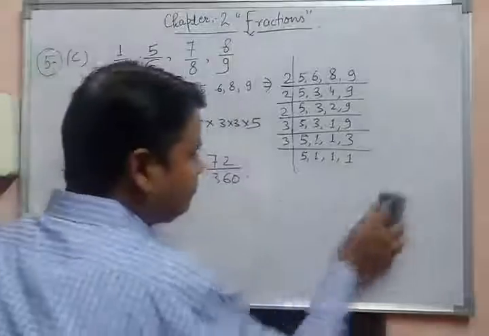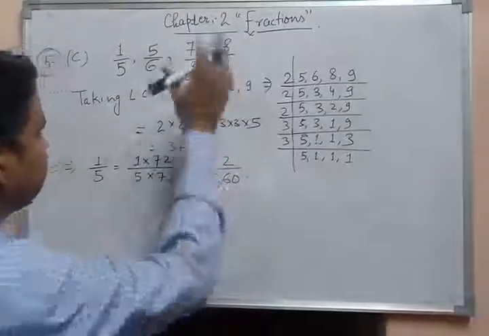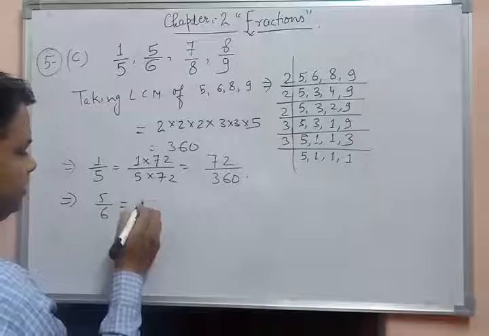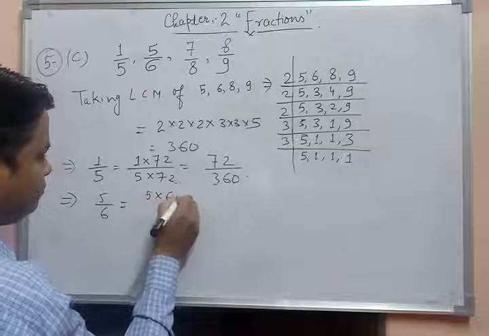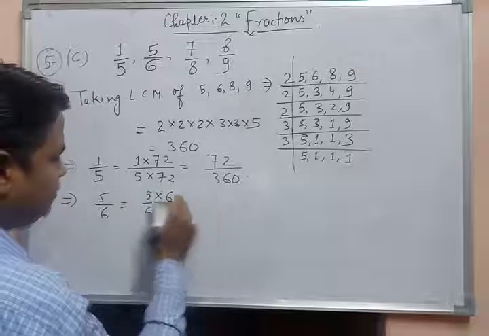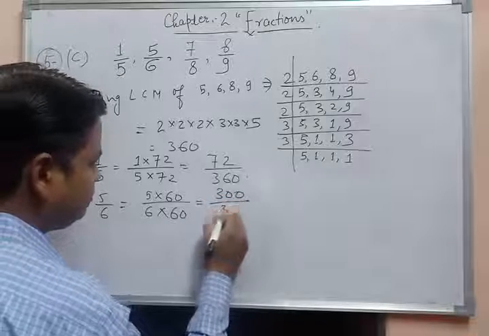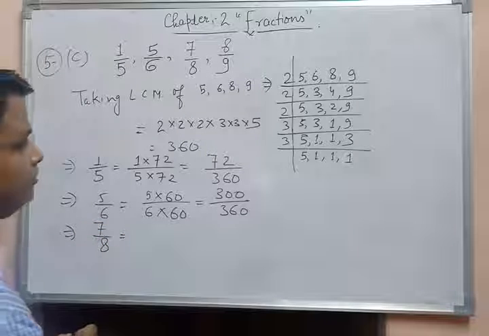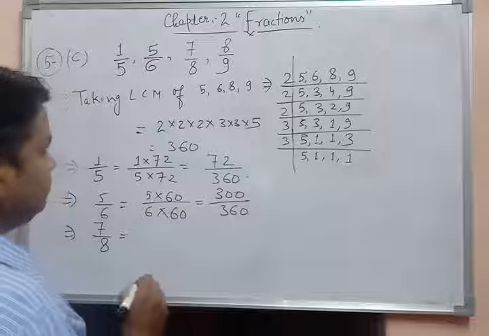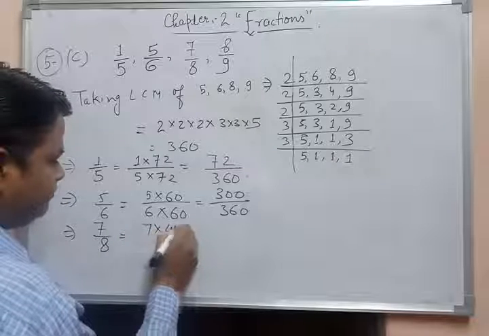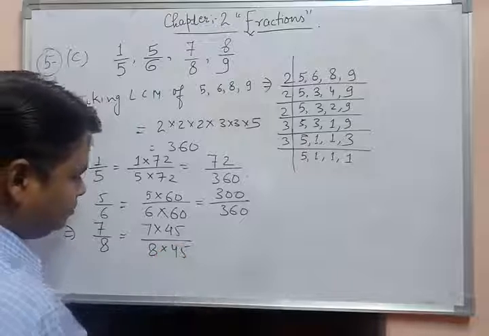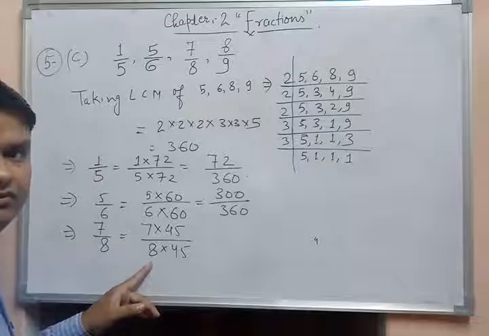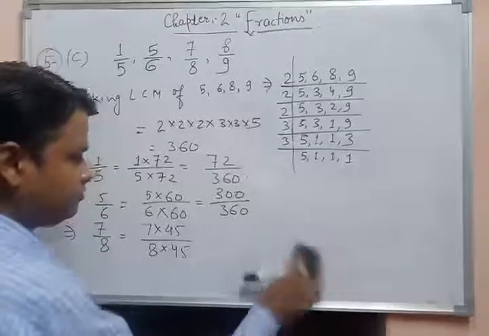Now you have to apply this method to the fractions one by one. 360 divided by 6 is 60, so 5 into 60 upon 6 into 60. 5 times 60 is 300. The next one is 7 upon 8. Now 7 into 45, because 45 times 8 is 360.